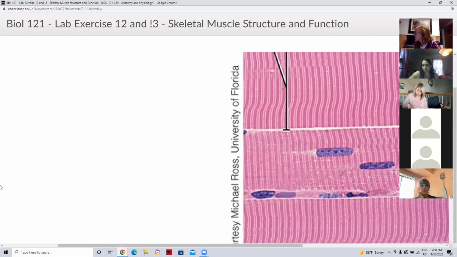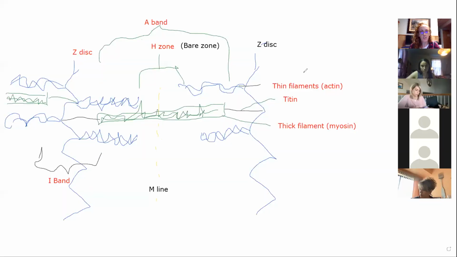Oh, okay. So if you look in your book, I knew there was a meaning once I thought about it. A stands for anisotropic, and I stands for isotropic, which refers to how these different bands reflect light.